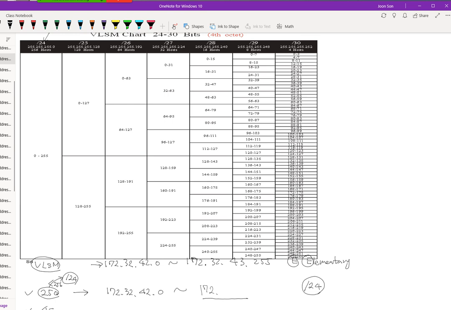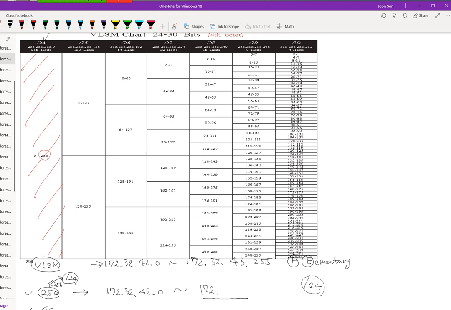Okay, so first of all, 250, right? So we know that we have to use a /24. That means basically we have to use this whole thing, right? So it's 255, right?